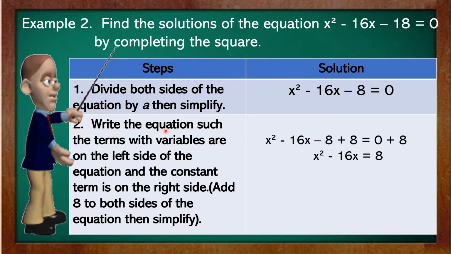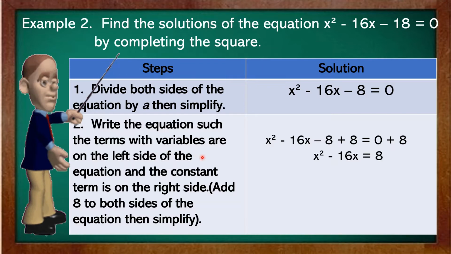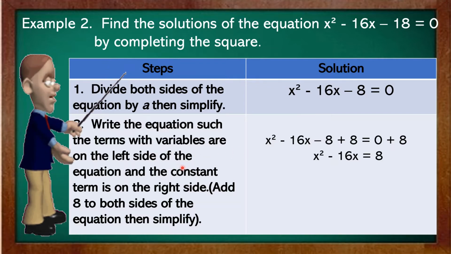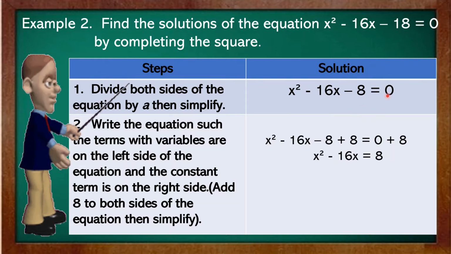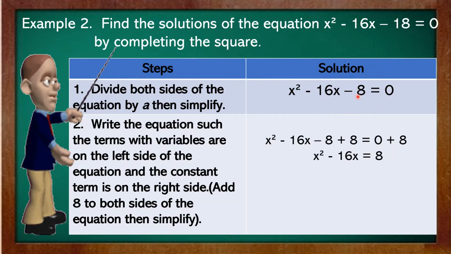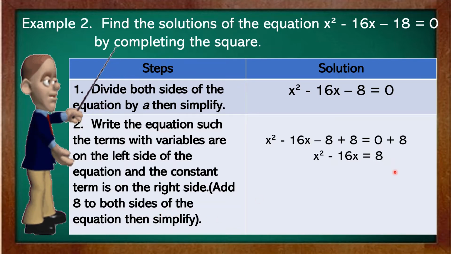Write the equation such that terms with variables are on the left side of the equation and the constant term is on the right side. So our constant term is negative 8. We need to transpose that to the right side, so we add 8 to both sides of the equation, then simplify.